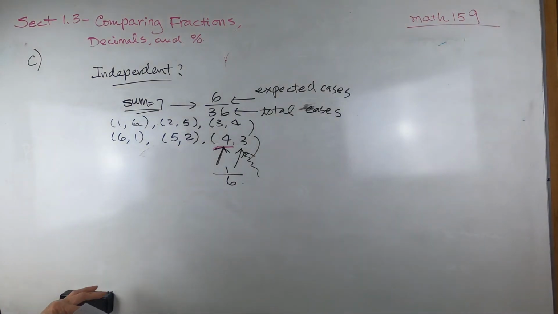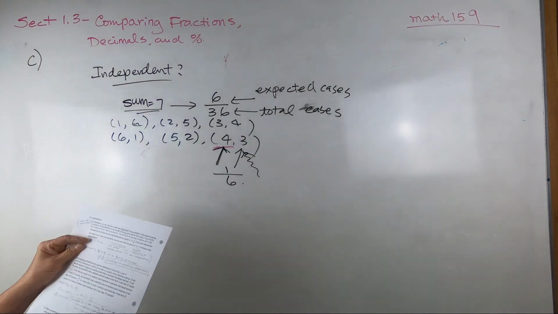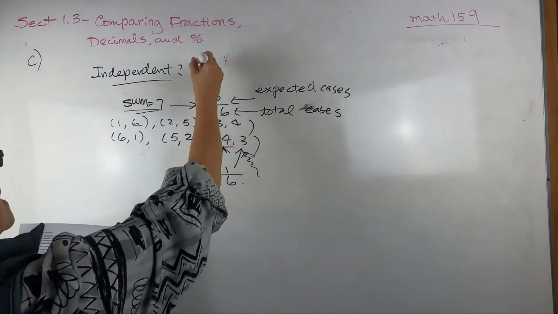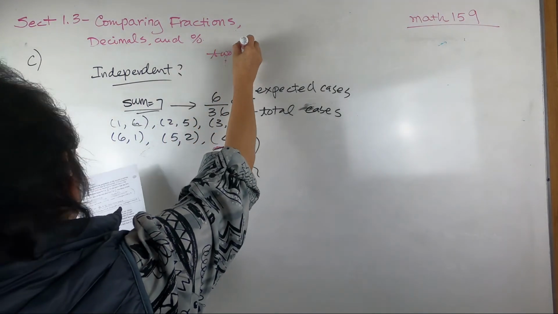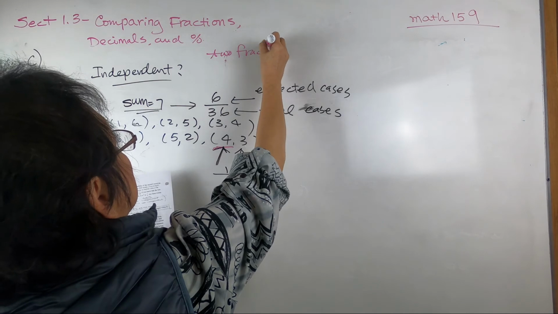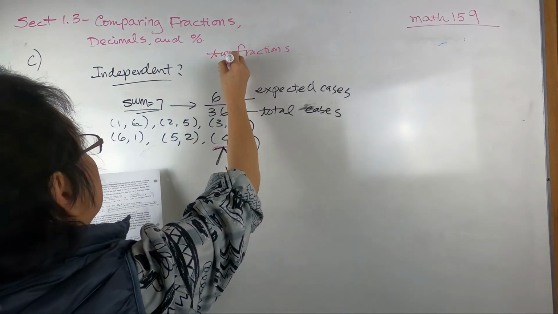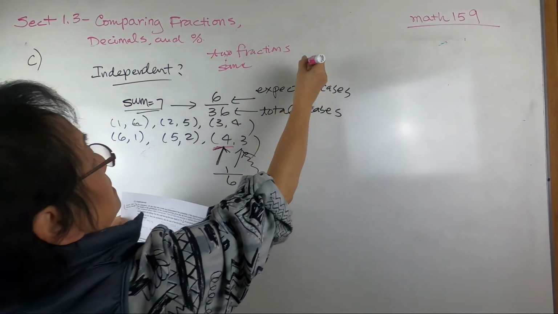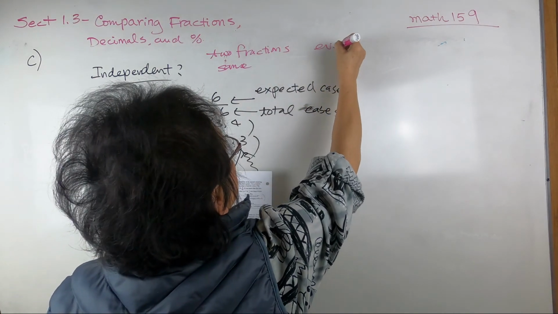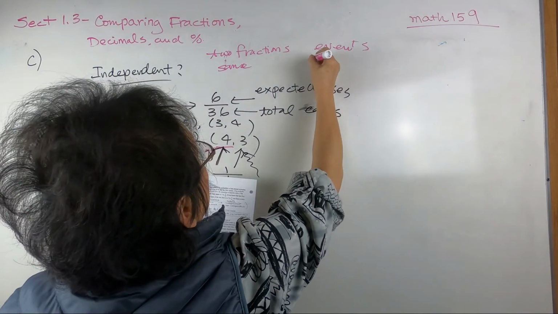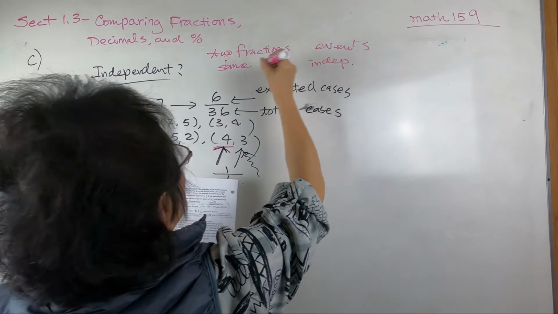But the question is, are those situations independent? It means, what kind of things are independent? If the two fractions are the same, the events will be independent.